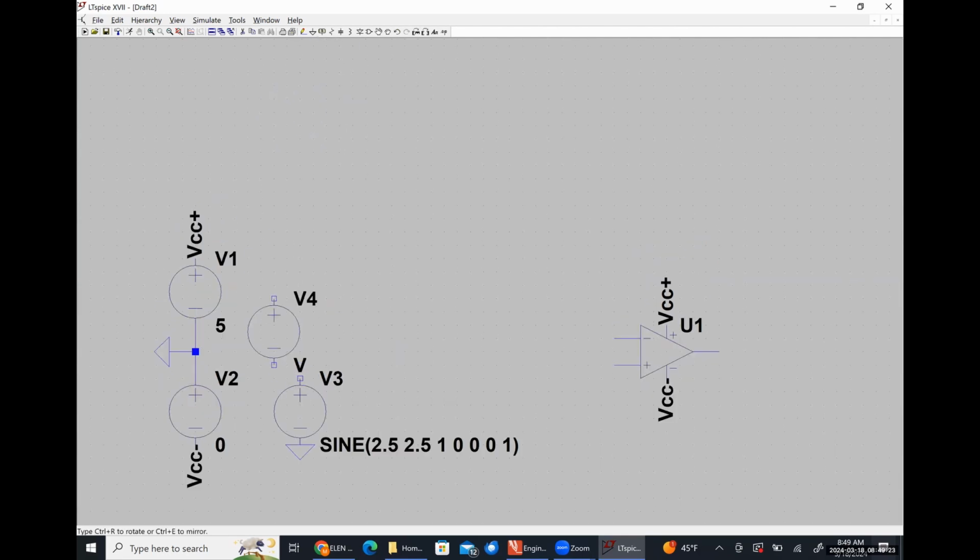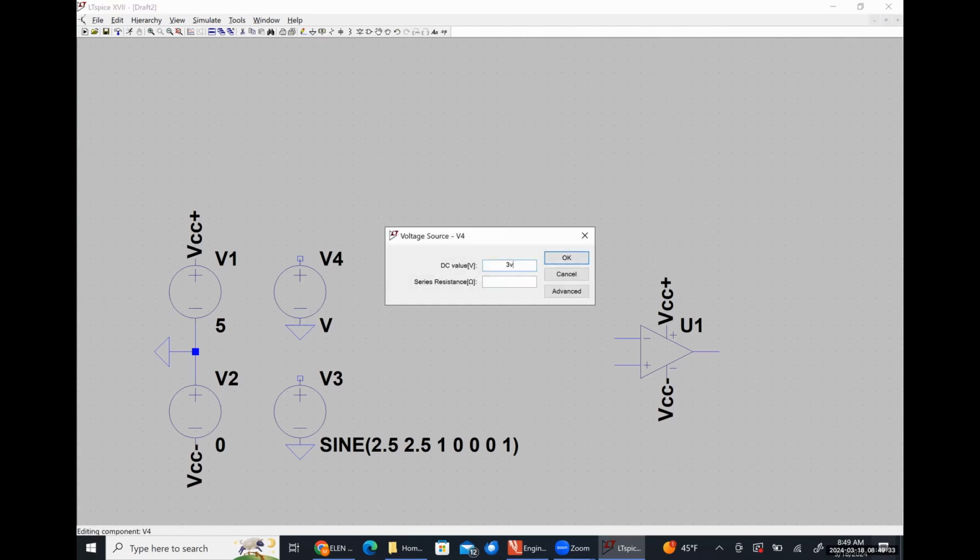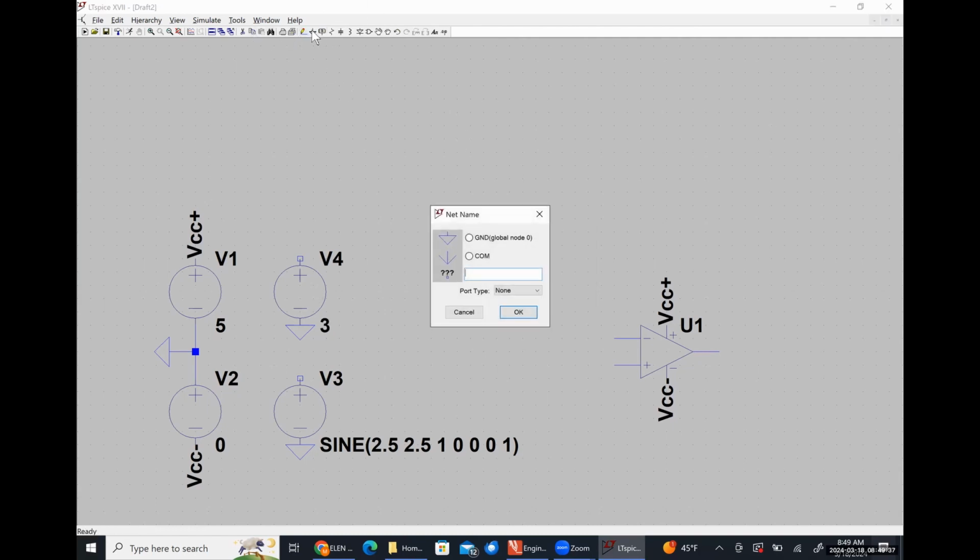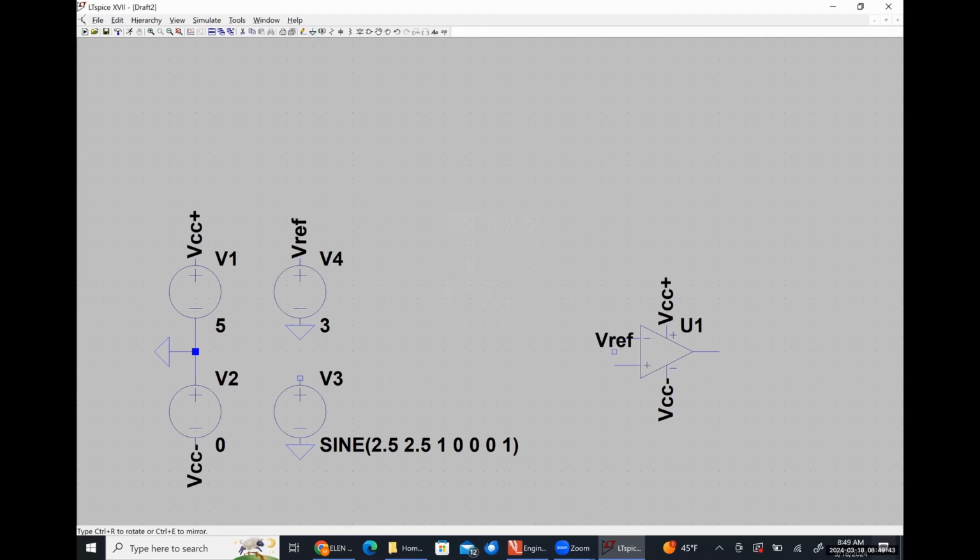Let me give myself a reference voltage source up here. This is just going to be a DC voltage, 3 volts. Let's call this one Vref, which should go on the inverting input terminal.